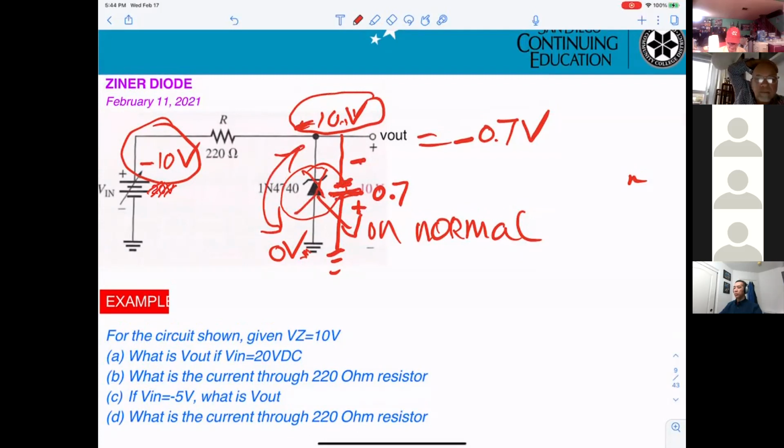So when you measure the V out here, you're supposed to get a minus, and that will be 0.7. Okay. Any more questions? Make sure it's clear for everyone from the basics, so when they go into something a little more complicated, you're able to understand.